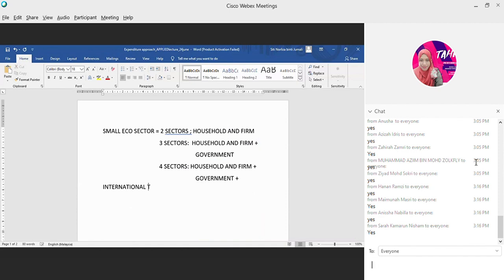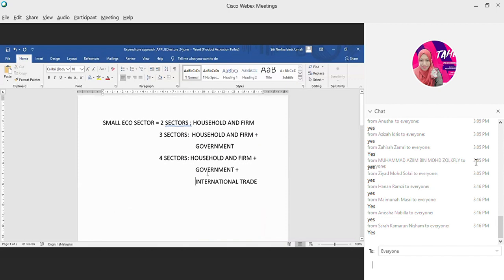International trade is a topic that I'm not going to teach. We have a special topic for it, I just mention it. The smallest is two sectors, and the biggest is four.